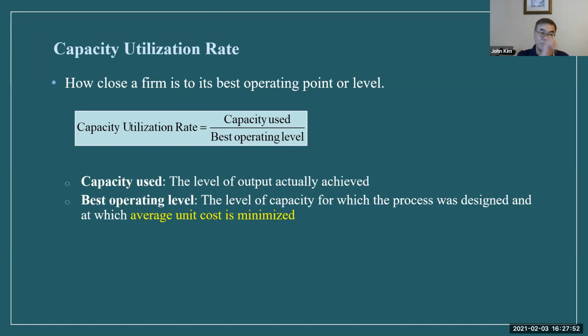So manufacturing, using more machines, 80%. In a service system, more human resources, 70%. That is the best operating level. So using the best operating level as the denominator, we can get the capacity utilization rate.